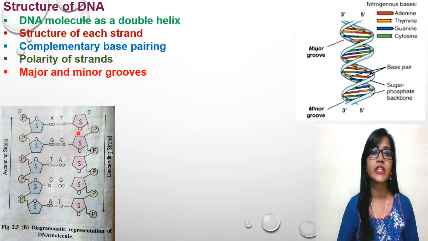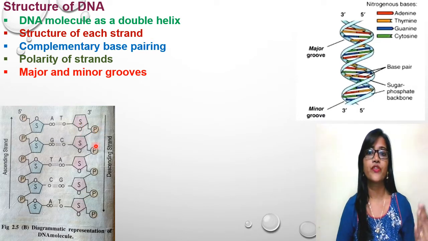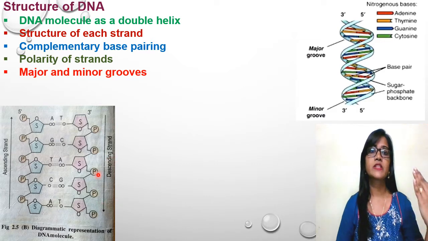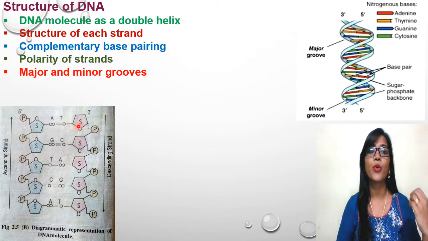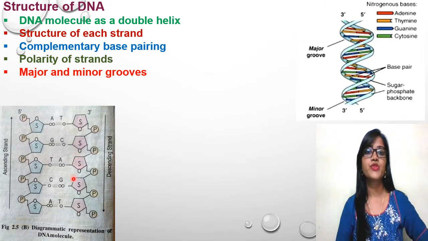We have studied that phosphate and sugar form a backbone. So each strand is composed of nucleotides. It not only contains the sugar and phosphate backbone, but it is also composed of nucleotide bases. The successive nucleotides of the same strand are linked.